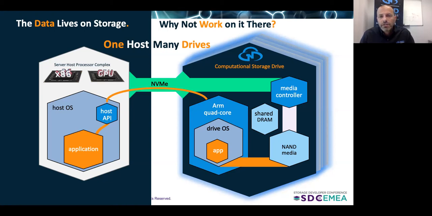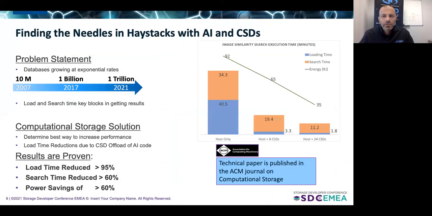On the NGD device, there are ARM cores and an operating system. So to enable computational storage, all you need to do is take your container, dump it in the storage, and it's running there as if it is a microserver. Or if it is an application, all you need to do is recompile it and then transfer it to the storage from the host. So let's talk a little bit about the use cases.